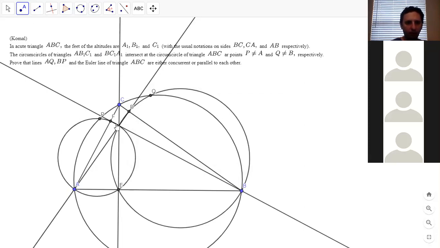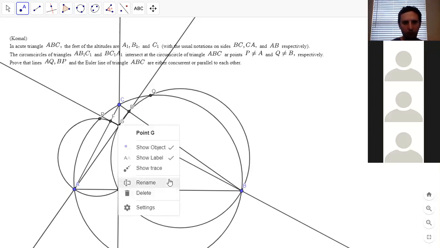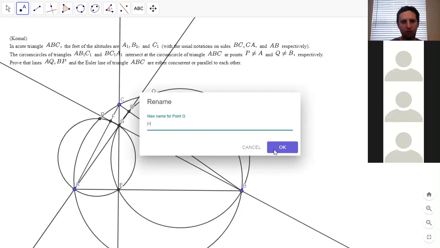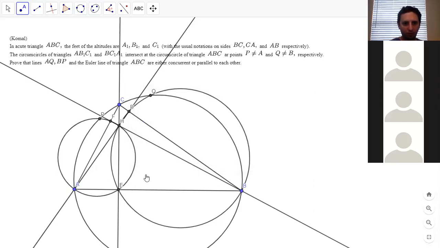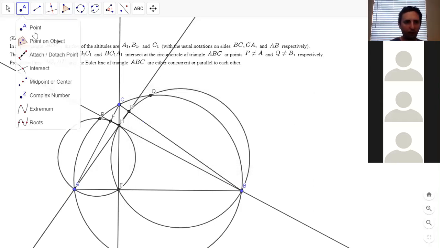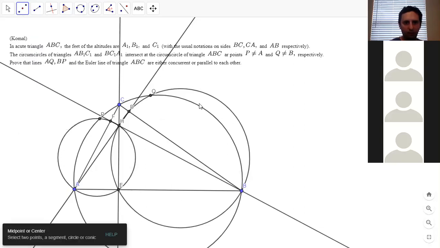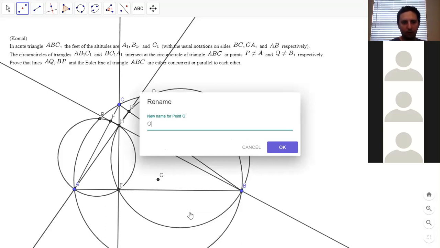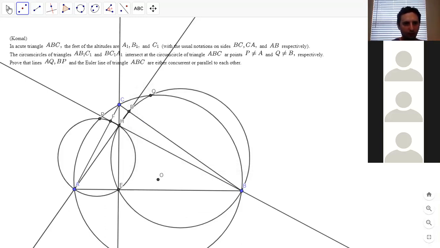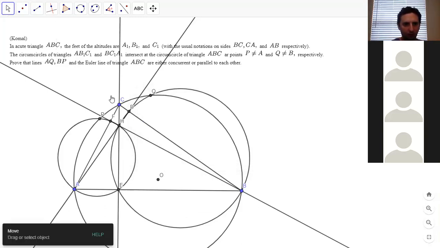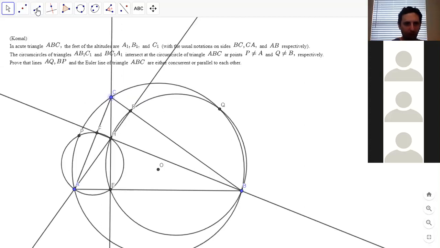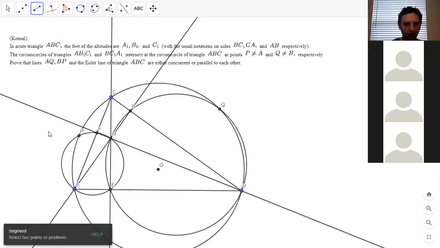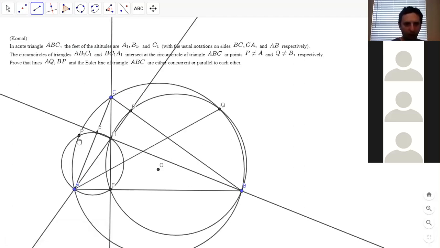So this is H. And then the center of this is O. So it's saying that we want to show that AQ, BP, and OH concur.